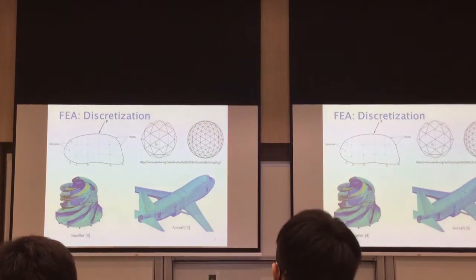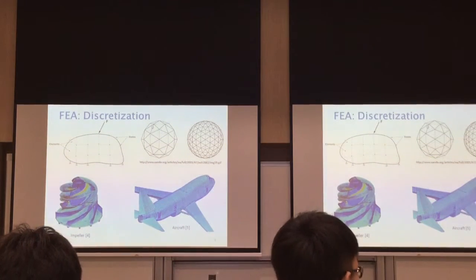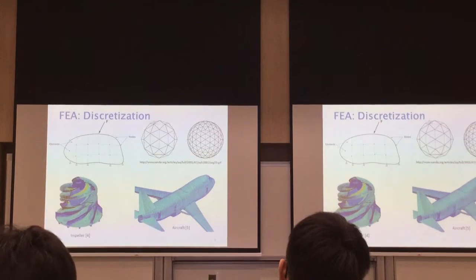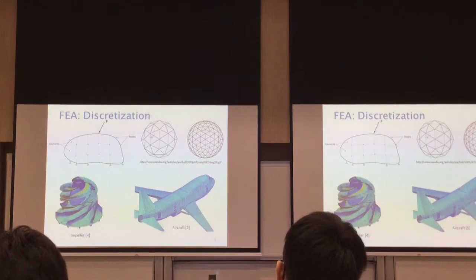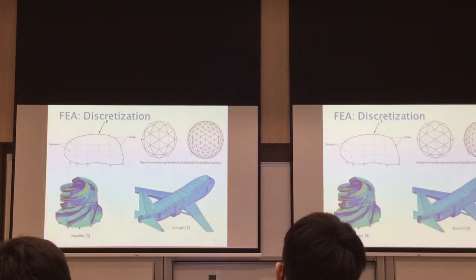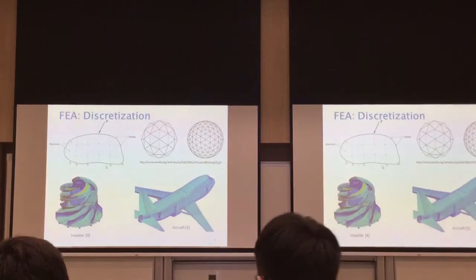So again, we have been talking about simulation. Your model will be largely dependent on how you mesh your model. In this case, if you need a sphere and your mesh is sparse, definitely you'll get higher errors as compared to when you are using a finer mesh. Take note that finite element is an approximation method.